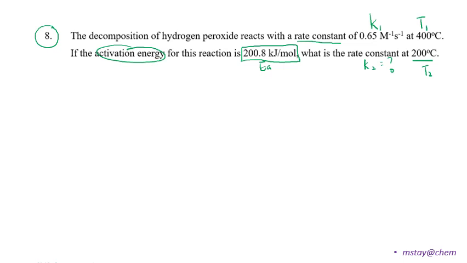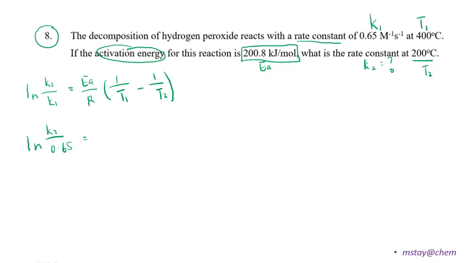Okay, now we know we have to apply the formula that we just derived in the previous slide, which is ln K2 over K1 equal to EA over R times 1 over T1 minus 1 over T2. Now, we have no idea what K2 is. K1 given in the question is 0.65. EA is 200.8 kilojoule per mole.